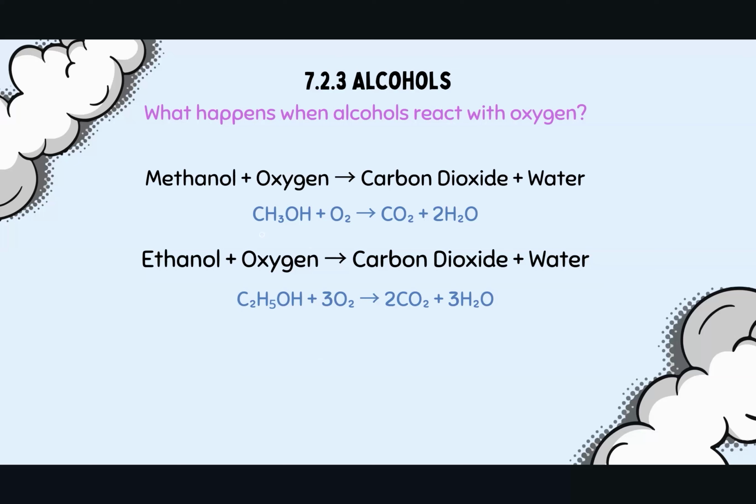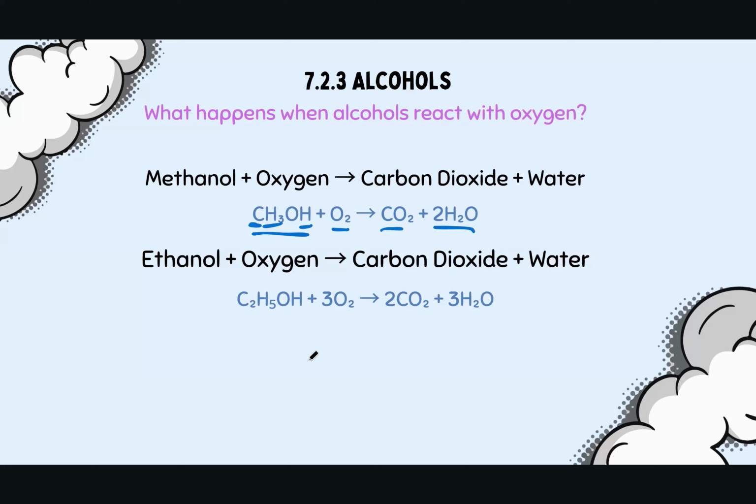So we've got methanol, CH3OH, plus oxygen. The easiest way to do this is first look at your carbons. We've only got one carbon, so we're only going to have one carbon dioxide. Then look at your hydrogens. We've got 3 and 1, so 4 hydrogens, which will give us 2H2O. It'll give us 2 waters.